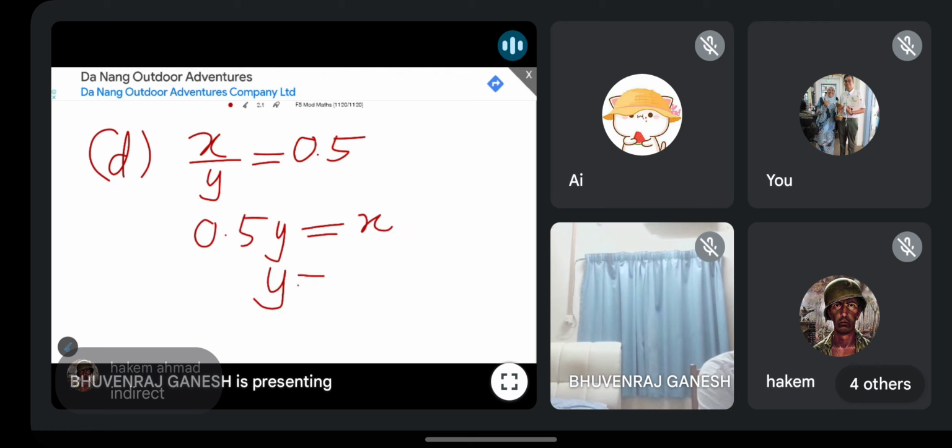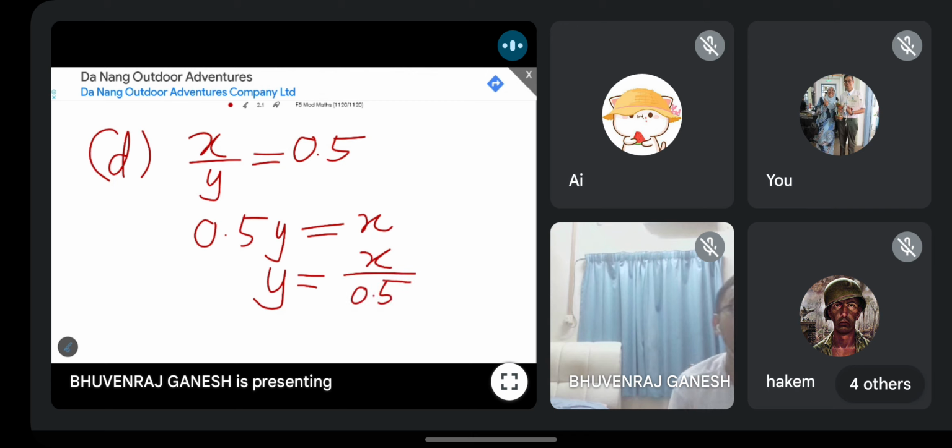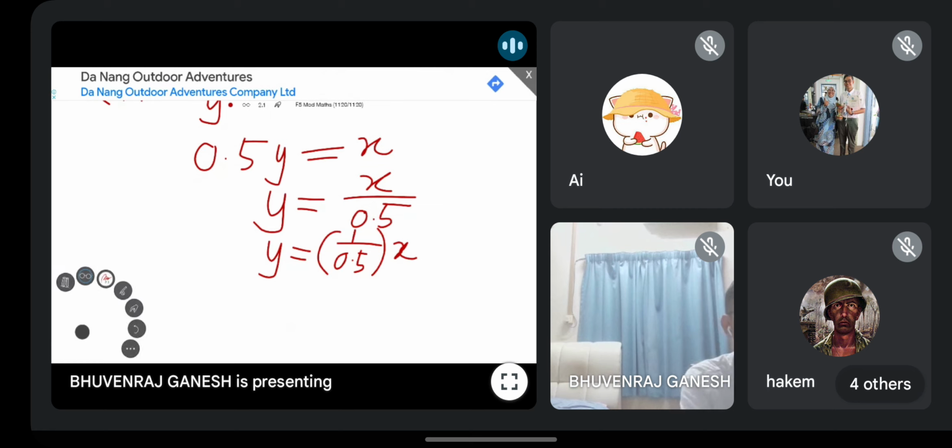So we will get y equals x over 0.5. Maybe some of you might think this is not direct based on this equation. But guys, do you all notice I can change the equation to become like this: 1 over 0.5 and then x. Does it change your answer now, guys? Adakah dia akan ubah jawapan kamu? 1 over 0.5, if you count, is actually 2.